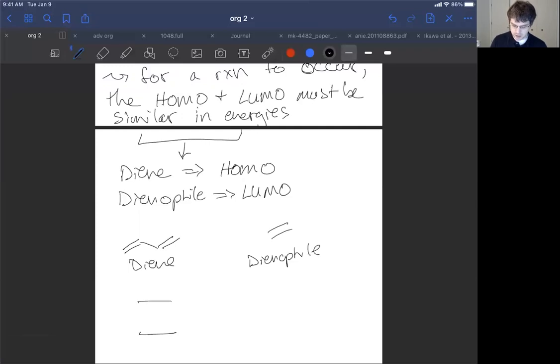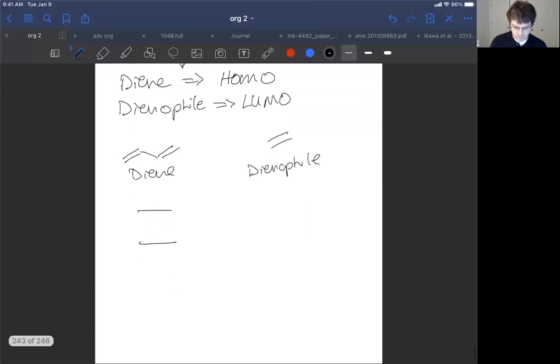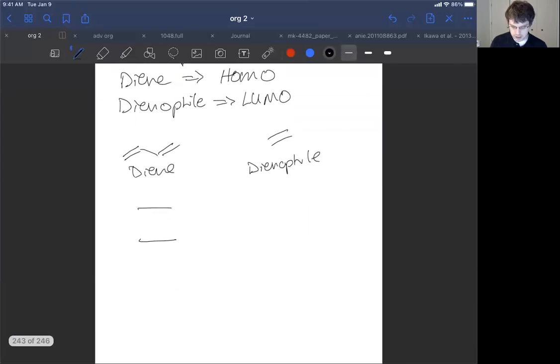I'm going to also draw the dienophile over here, so I'm going to scroll up a little bit. We're going to take the diene having its HOMO energy. If we look, we've got pi 1, pi 2, pi 3, and pi 4. And instead of considering the orbital shading for a moment, I'm just going to consider how these are filled with electrons.